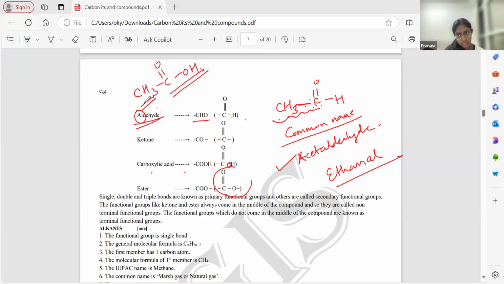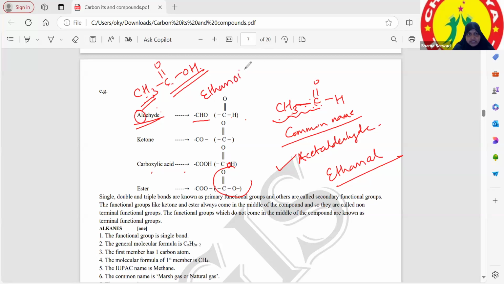Correct? CH4 cannot come there because of the valency of carbon. If I write an ethane molecule instead of this, it will be ethyl, not ethane. Now again two carbons, so IUPAC nomenclature is ethane.